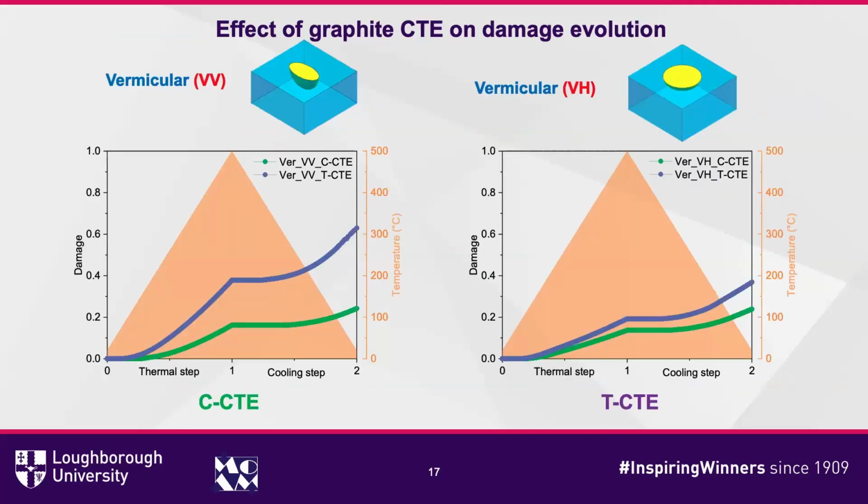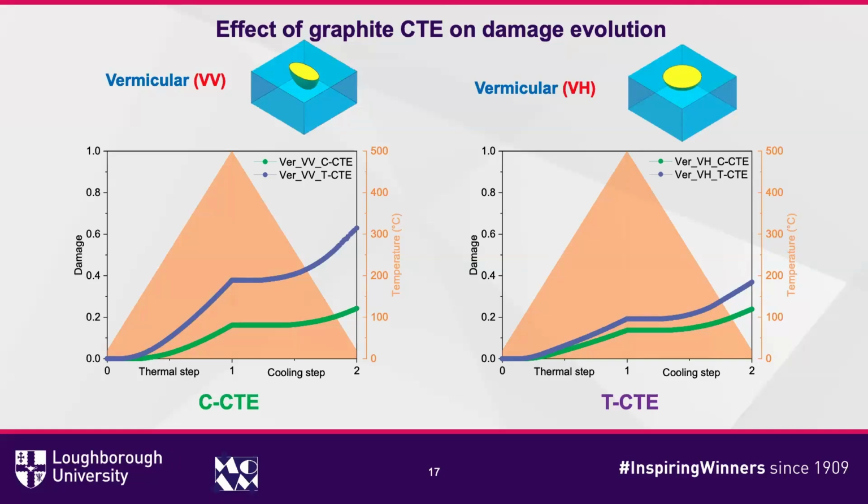Another result example is the effect of the graphite coefficient of thermal expansion. As I mentioned, the coefficient of thermal expansion of the matrix in my research is larger than that of the graphite.